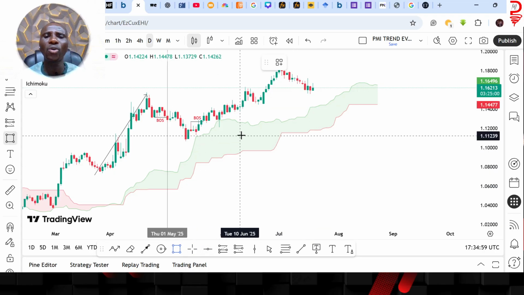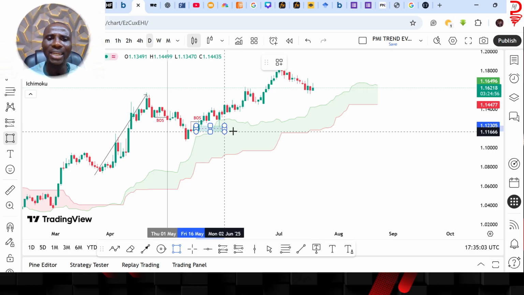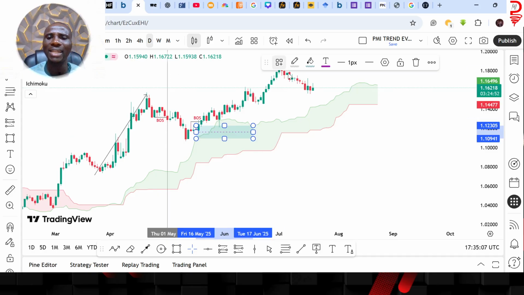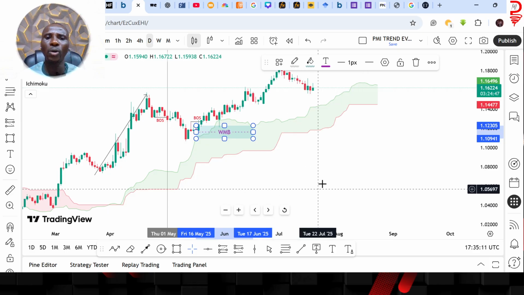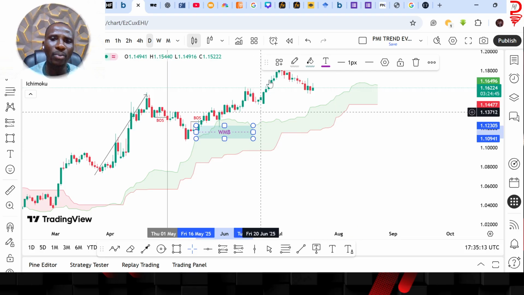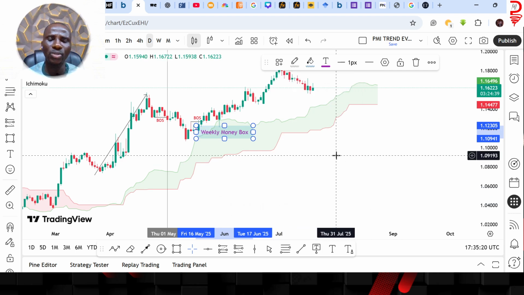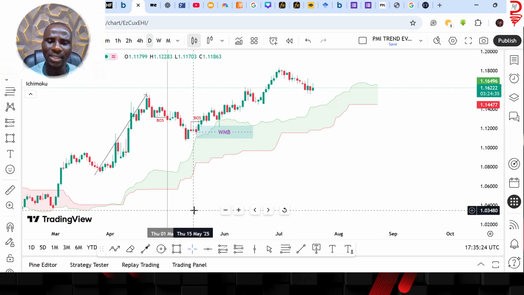Once you have a break of structure to the upside, the origin that created that break of structure is your money box, and that is what we call the weekly money box, WMB for short, so that you will understand it.